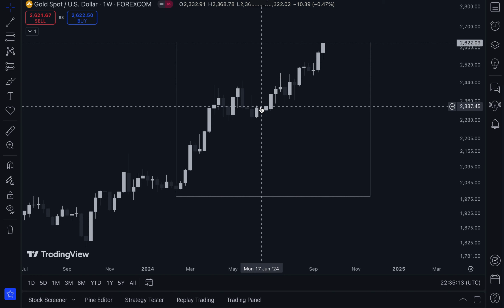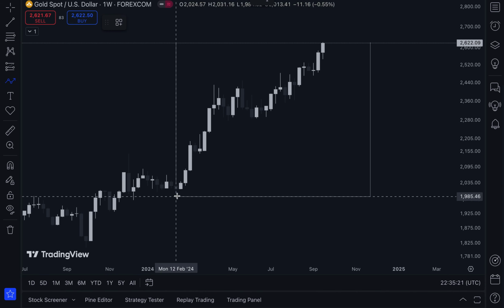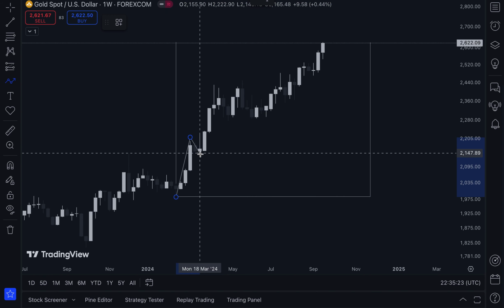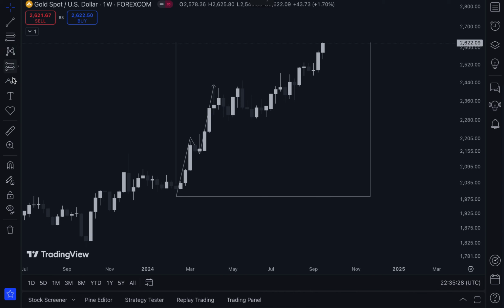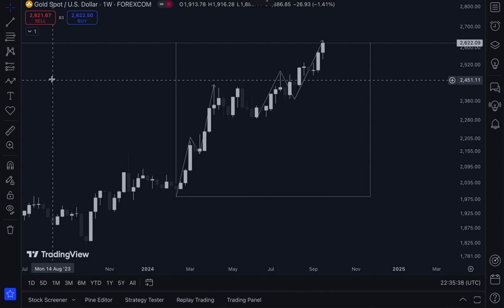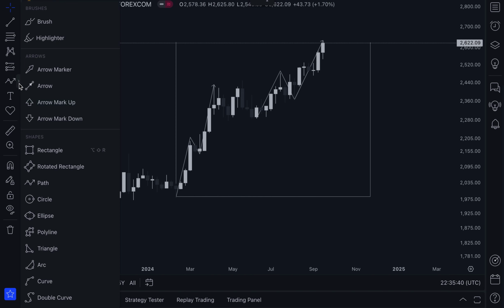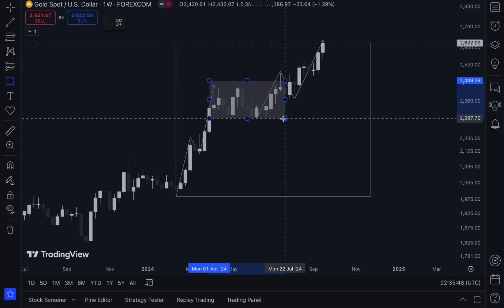Now, if you look carefully, you will realize that we have this, and then we have this as well, and then we have this as well. But in between here, we have something more interesting, which is this area here.